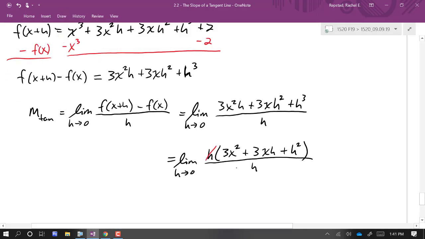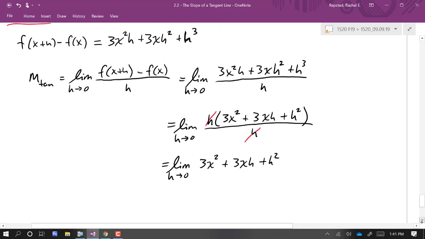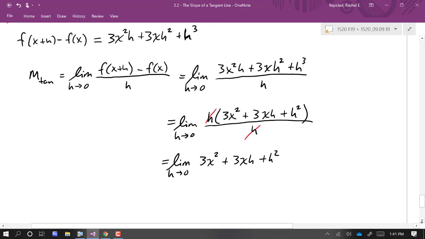This is what victory feels like. So then it's really just 3x squared, right? h is going to 0, so those last two terms diminish. These guys go to 0. So what are we left with? 3x squared.